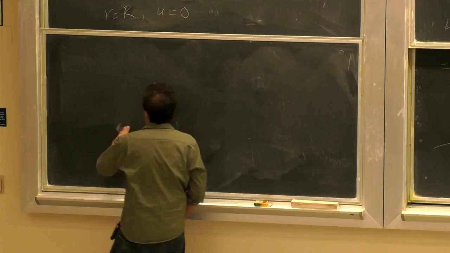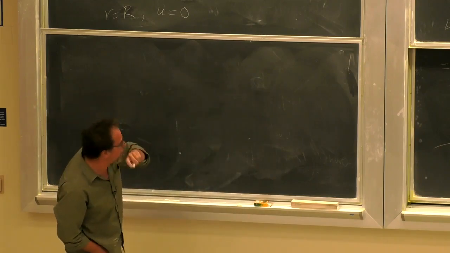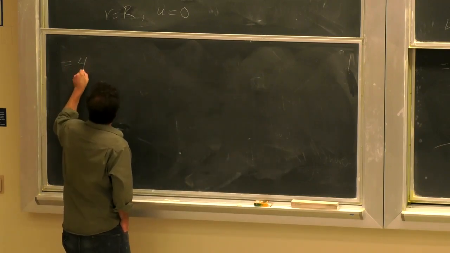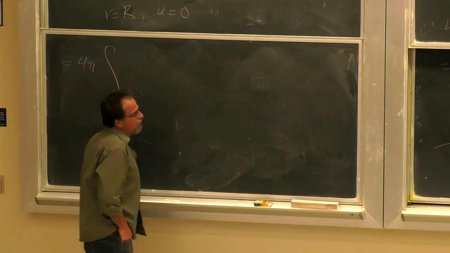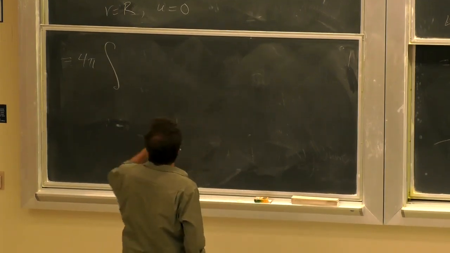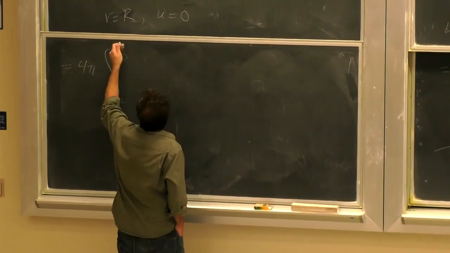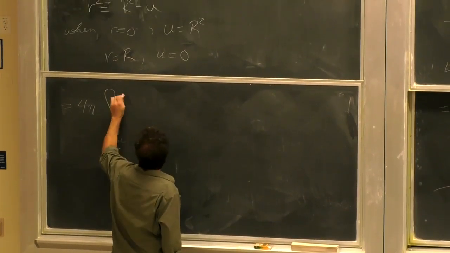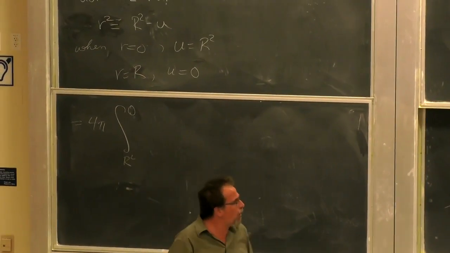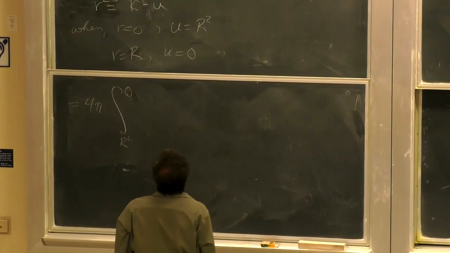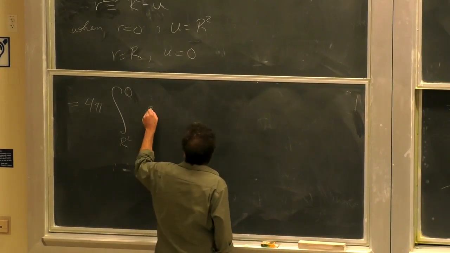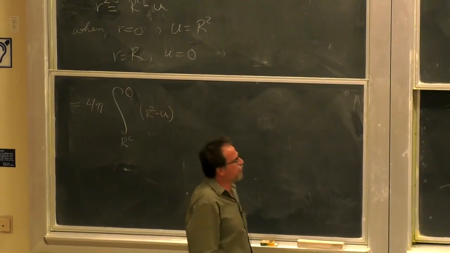And so the integral, we're still working on the numerator, I should have a 4 pi. Well, the lower bound now is capital R squared. The upper bound is 0, just by looking at that. Now, r squared is replaced by capital R squared minus u. That's the first term.